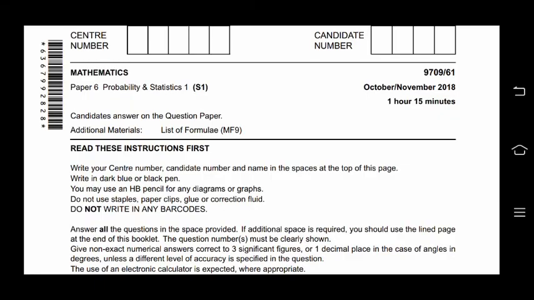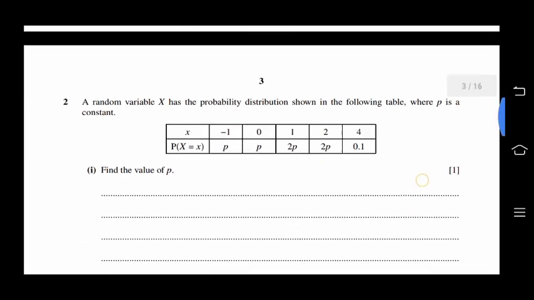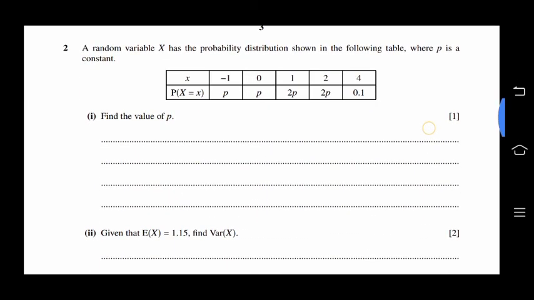So this is 2018 paper. This you can see question number 2 from probability distribution. When you go through this question, a random variable x has the probability distribution shown in the following table, where p is constant.